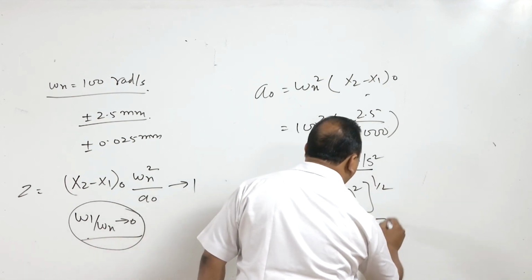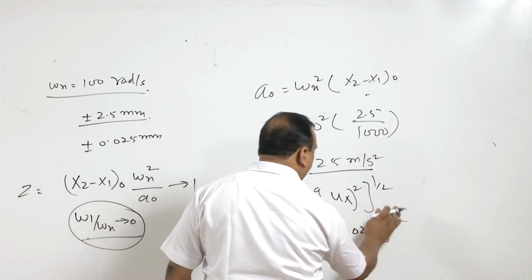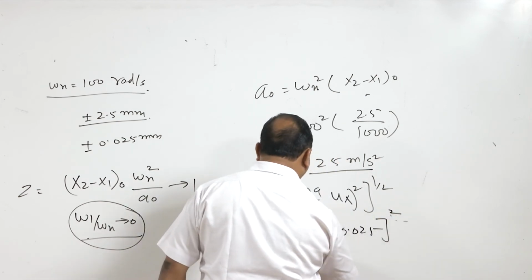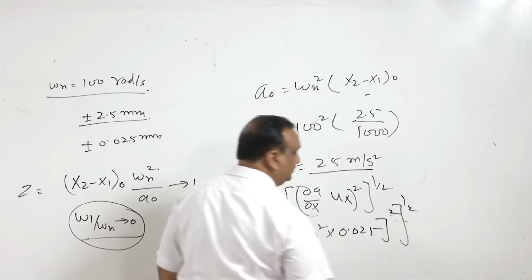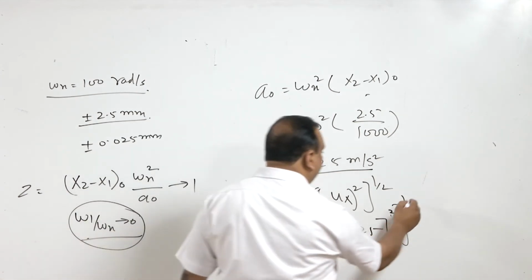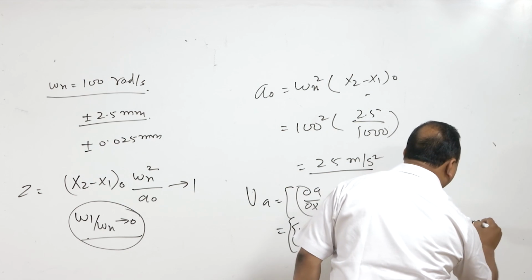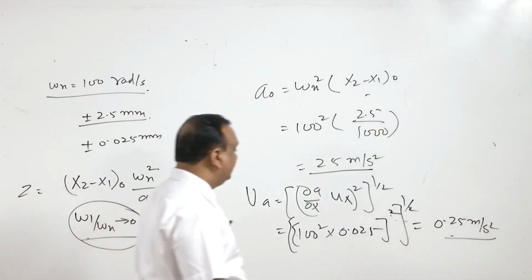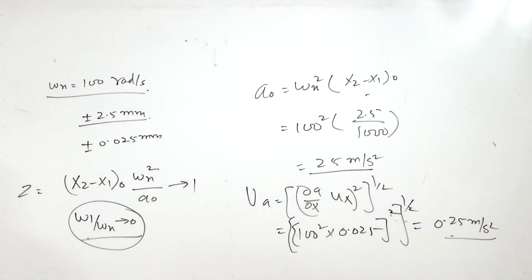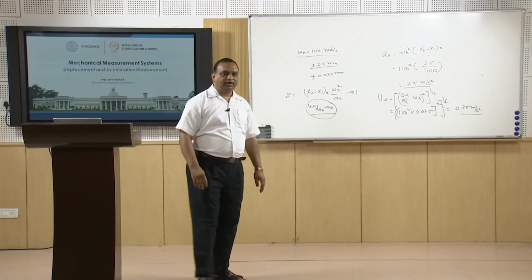Then we take the whole square, and then the half power. If we solve this, we will get 0.25 meters per second square as the uncertainty in the measurement of acceleration. That is all for today. Thank you very much.